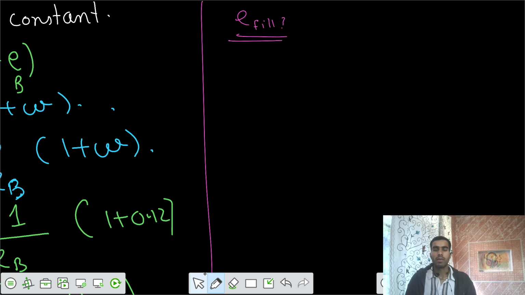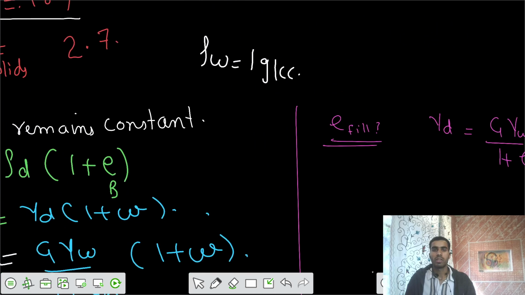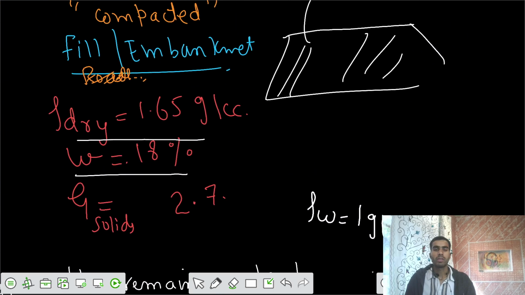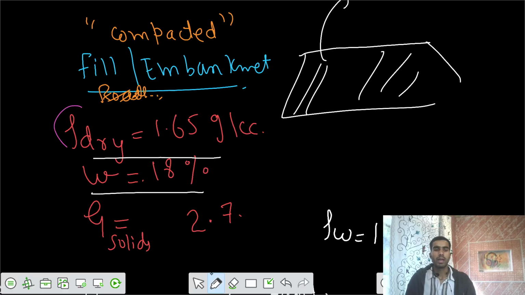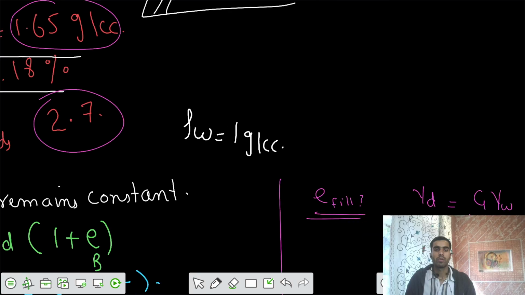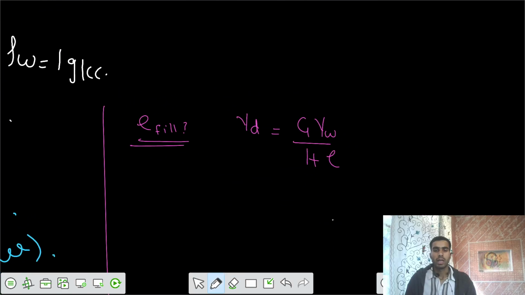For that, I have the equation that gamma dry is equal to G gamma W over 1 plus E. If I write that this is related to the fill, gamma dry is equal to G gamma W over 1 plus E, and this is related to your fill material. The density here is given to you: your dry density is 1.65 gram per cc. So we can use the values in terms of density.